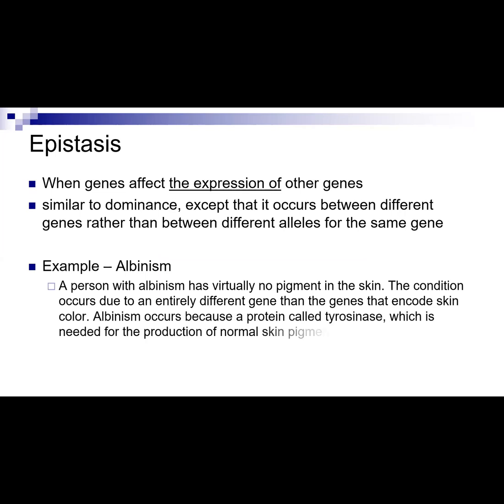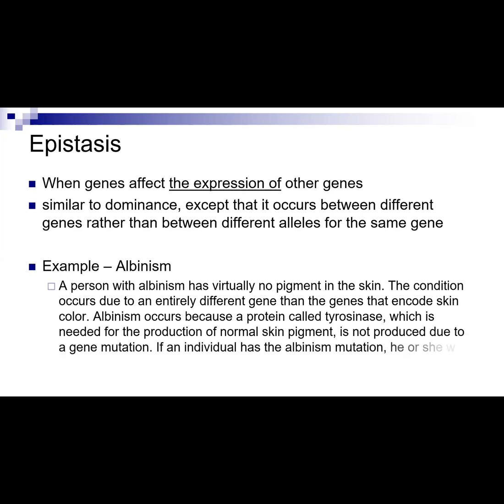They're very, very pasty white skin and white hair and red eyes because they don't make any of that melanin pigment. So this is going to be an epistatic controlled situation. They might have skin color genes from their parents that code for making a certain skin color, but since they have this albinism gene, that one kind of epistatically controls and eliminates the use of the skin color genes.